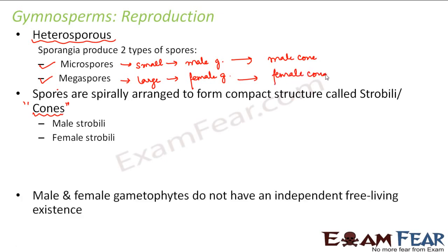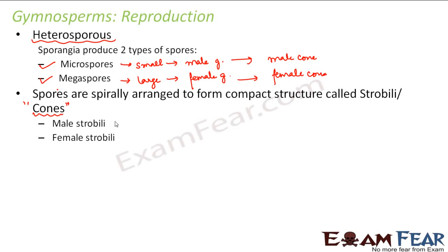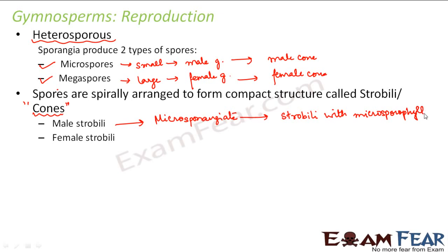So now what will happen? Something like this will happen when I talk about the male strobili. This male strobili, or the male cone, will have the microsporangiate with microsporophylls. I told you, right, what is strobili? It is nothing but the sporophylls connected together.